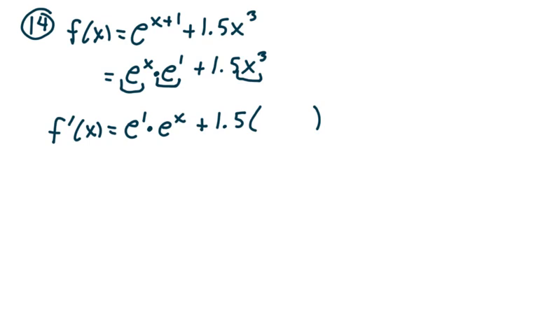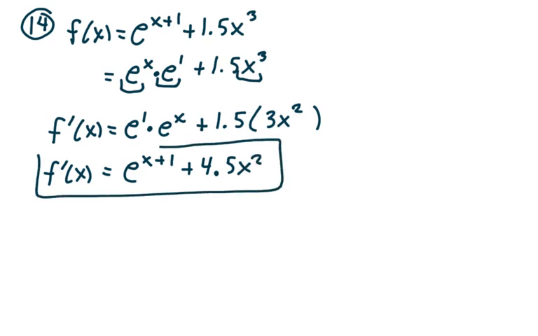And the derivative of x cubed is 3x squared. So if I simplify, let me label this f prime of x, I get e to the x plus 1 plus 4.5x squared. And that's how we do 14.